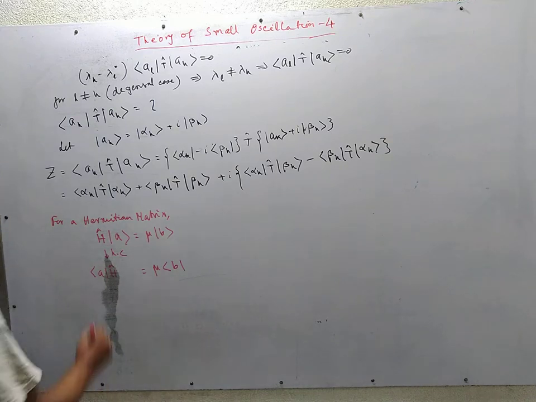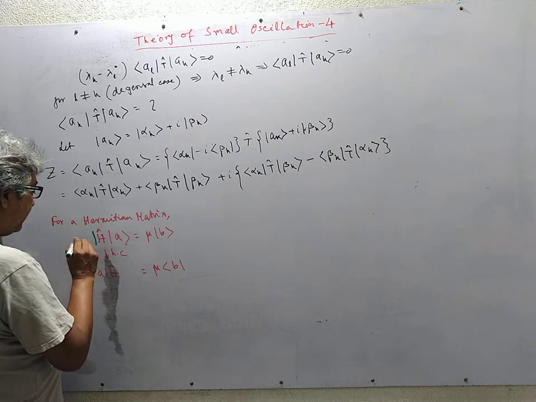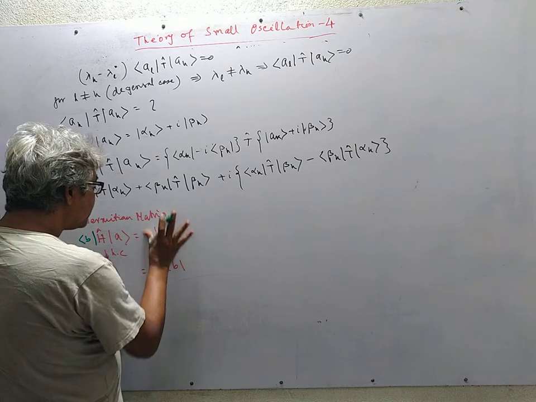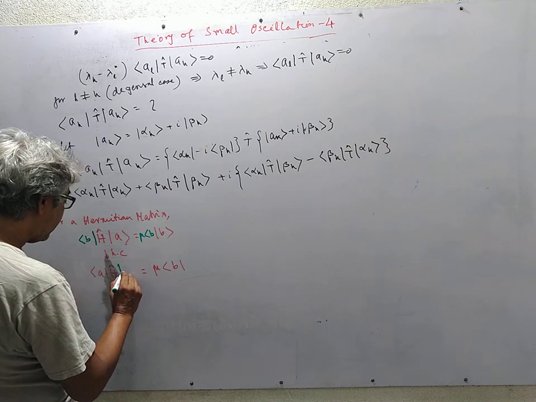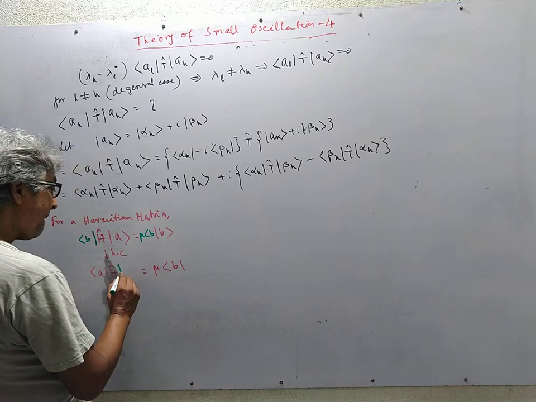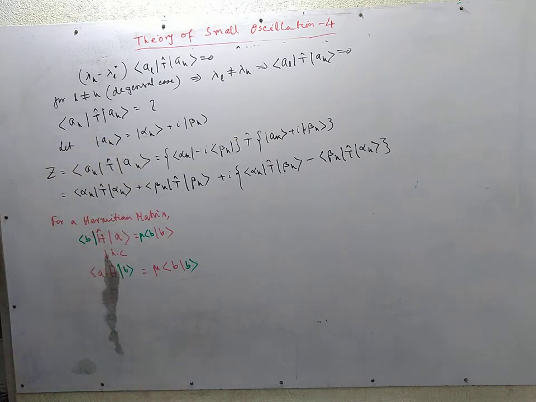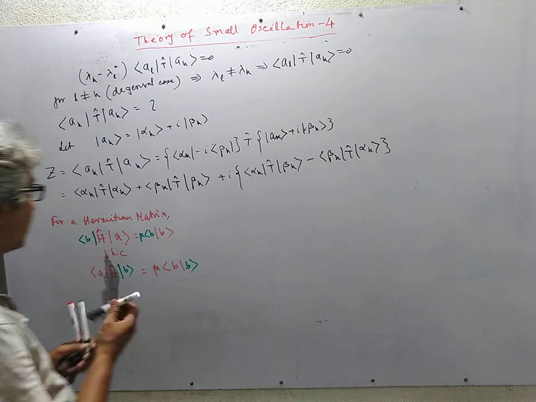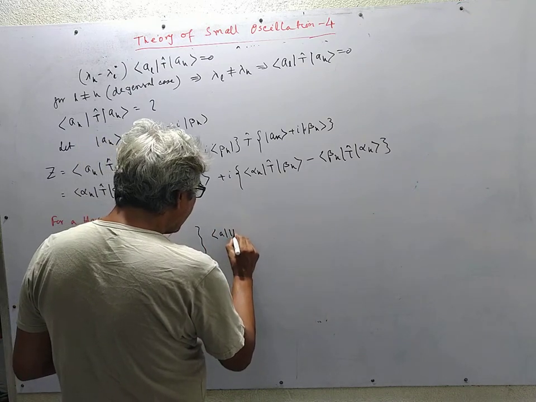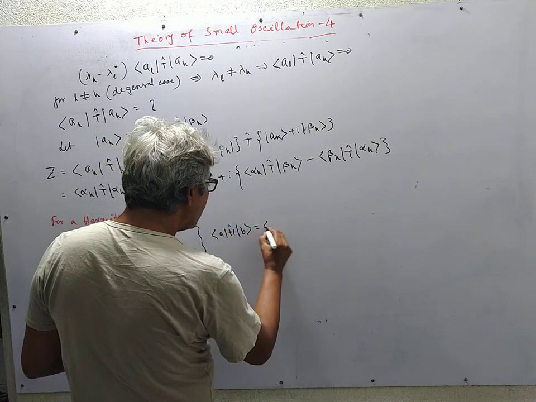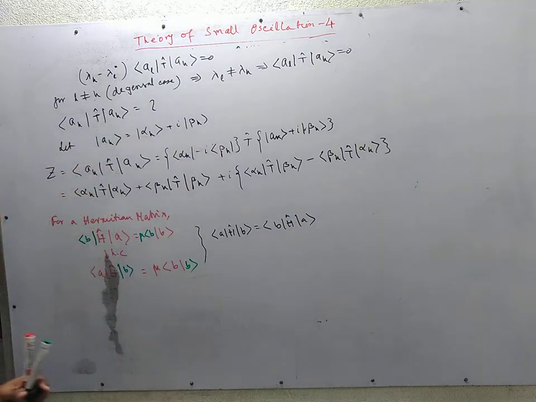Now if we multiply the first equation from the left by bra B, and this equation from the right by ket B, and subtract, we get <A|H|B> is equal to <B|H|A>.